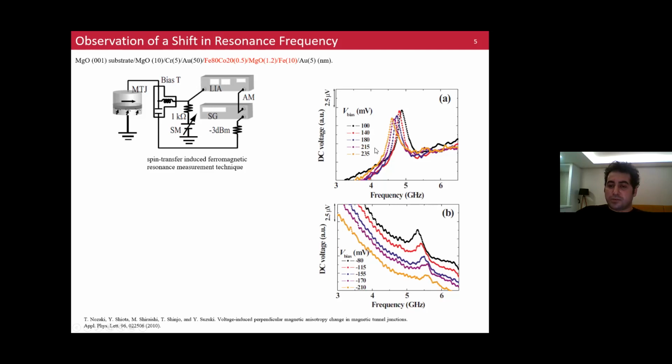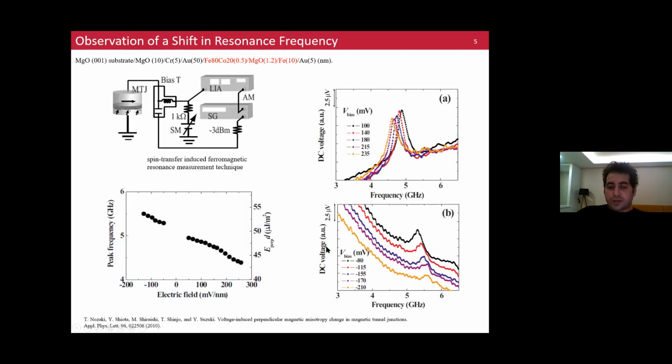When we increase the positive side, the resonance shifts to lower frequencies. And when we apply negative voltages, the resonance frequencies shift to higher frequencies.